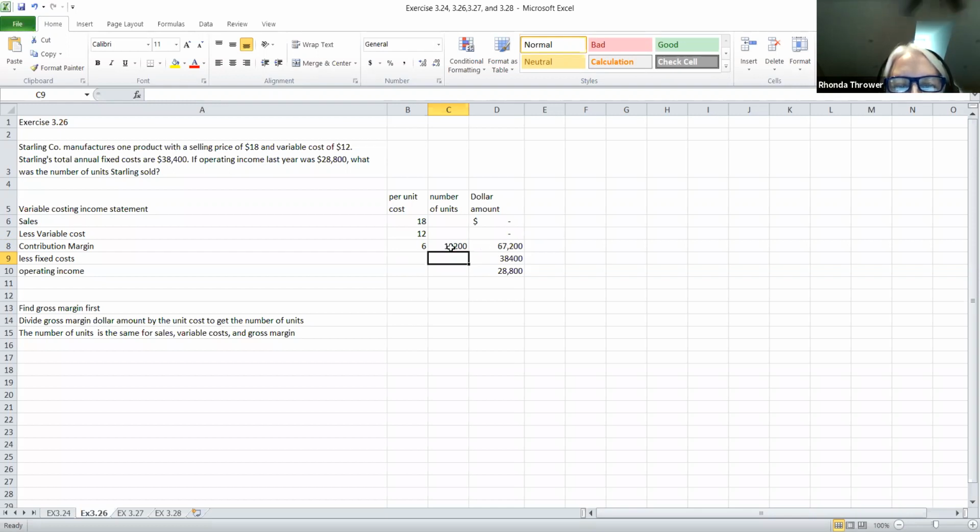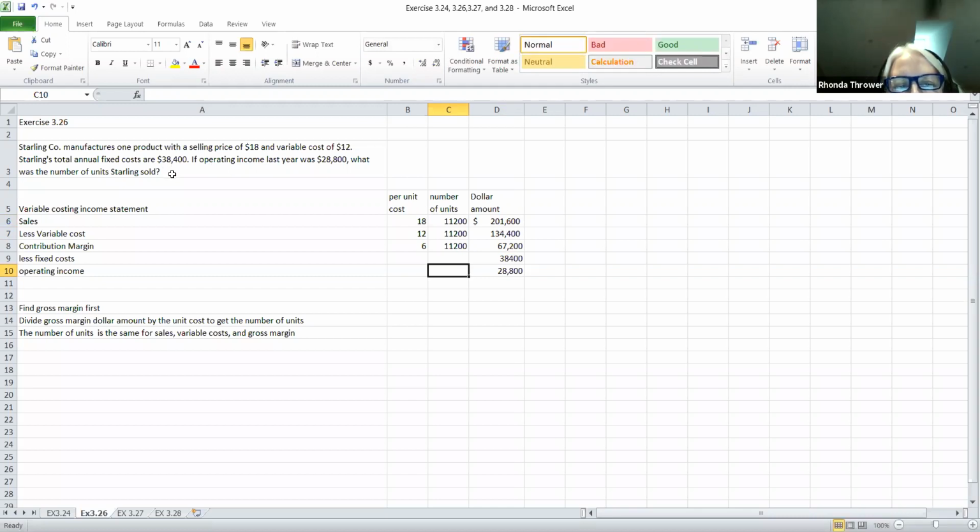If I know that I have 11,200 units, I can substitute this in here, and then I can find my dollar amount by multiplying 12 times 11,200 units. I could also find the dollar amount of my sales by putting in the number of units here and multiplying it by 18.